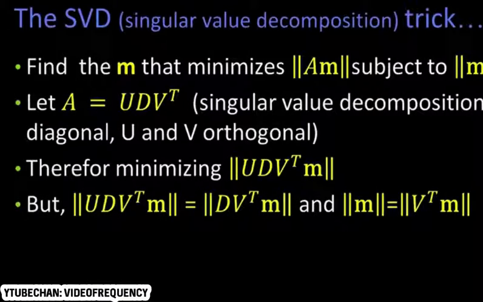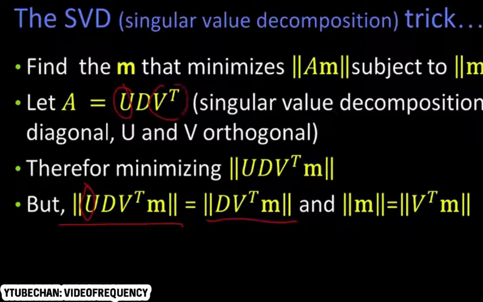Here comes the first slightly tricky part: the magnitude of U D V transpose m is equal to the magnitude of just D V transpose m. Why? Well, U and V are made up of orthogonal unit vectors, so multiplying by them doesn't change the magnitude.